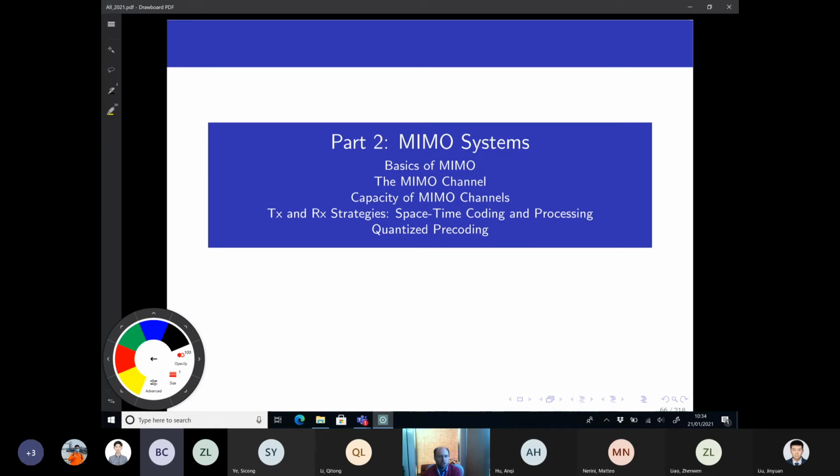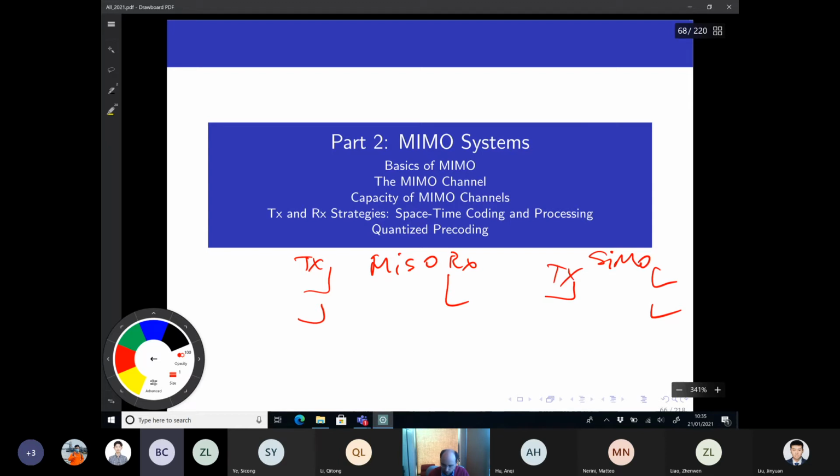So now what we're going to do is start looking at MIMO. So instead of having single antennas at either the receiver or the transmitter, like we have in SIMO or MISO, where we had this, right? This is my MISO, this is my transmitter, this is the receiver, and I had SIMO. I have this again, transmitter and receiver.